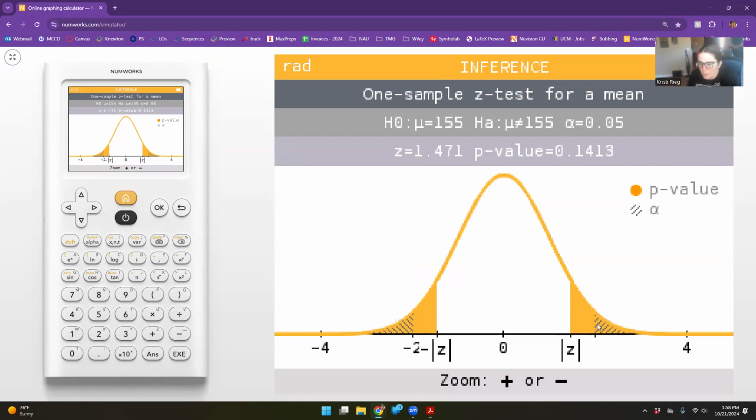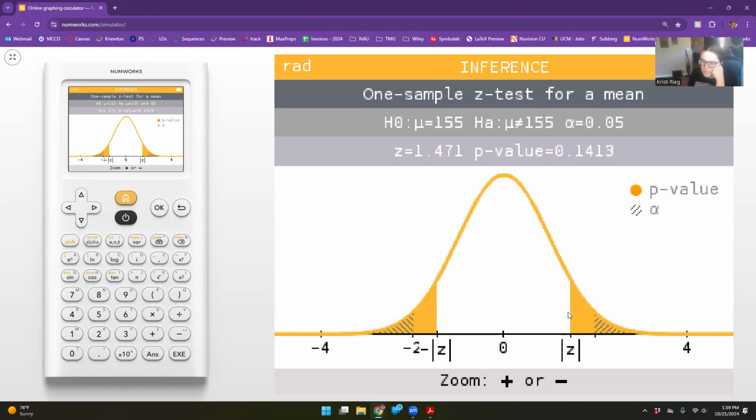We have our reject region shaded over here, alpha. Alpha, that's the gray shaded, and it's over here. So alpha tells us where the reject region is. P, which is 0.1413, it doesn't matter which side you look at it, they put it on both sides for us.